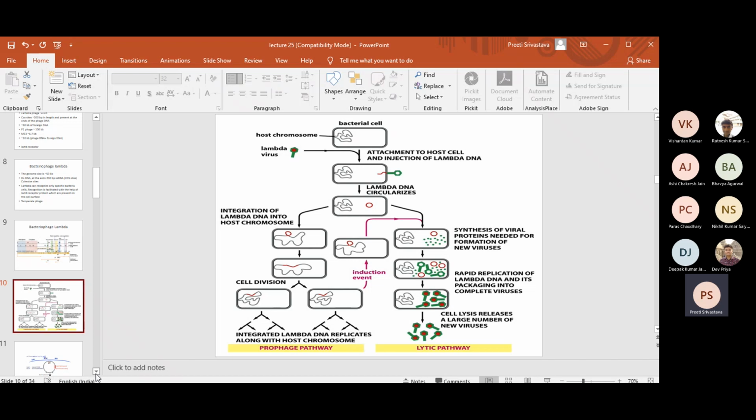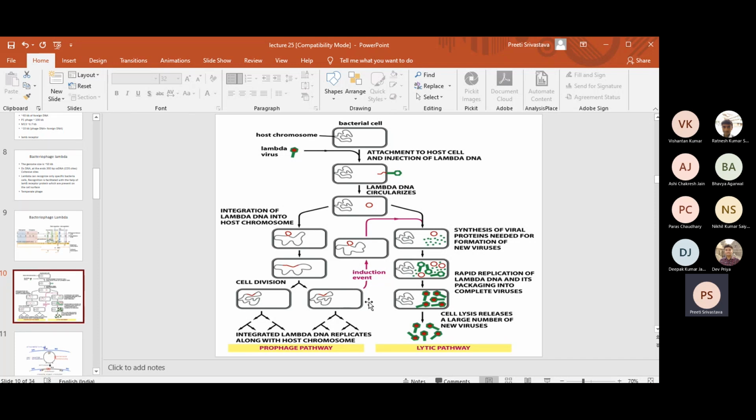The moment it integrates in the chromosome, it is called a prophage, and then it can be maintained in the lysogenic state and keep maintaining its lysogenic state. But under conditions of, for example, some kind of DNA damage, some kind of stress, or the SOS response which is induced as a result of DNA damage or stress, this lysogeny is induced.